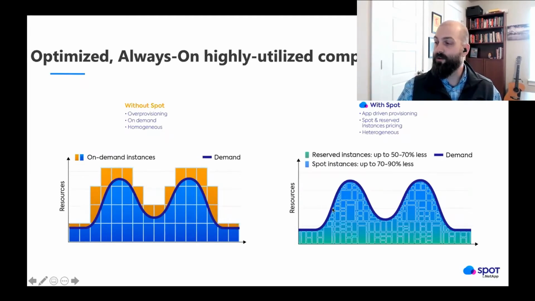So by using Spot, you're able to layer in multiple different instance sizes to deliver a seamless, reliable layer of compute without having to over provision by using just one instance type.